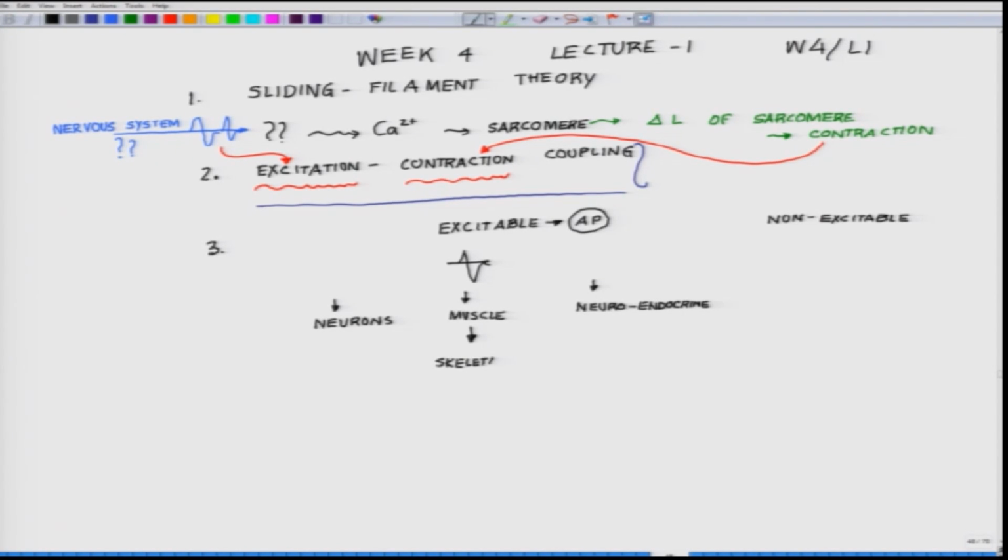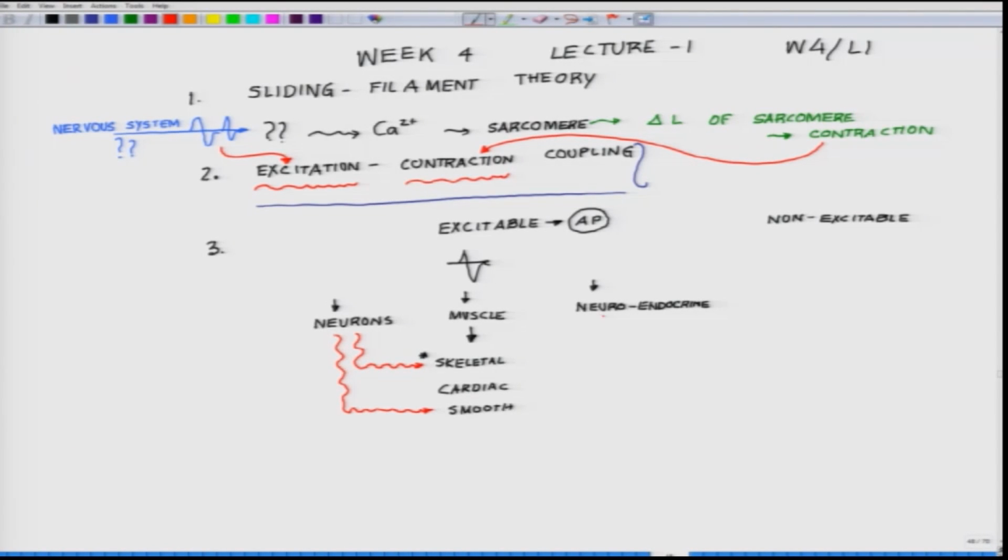skeletal, which is what we are currently dealing with, cardiac and smooth. And our link, what I highlighted, is out here, or even as a matter of fact here, right.